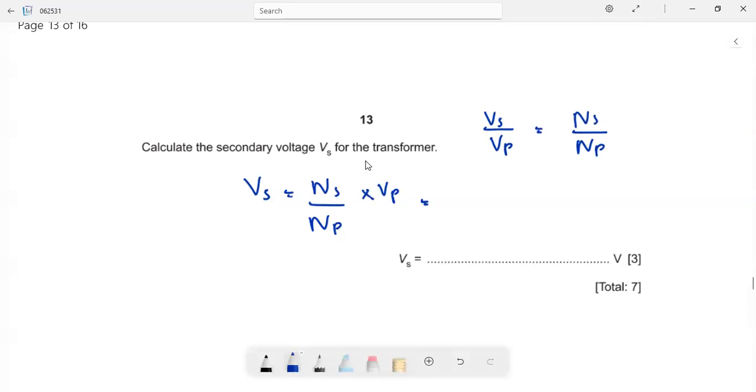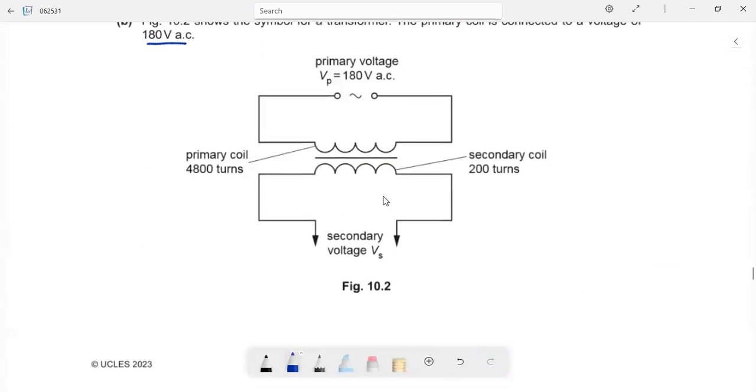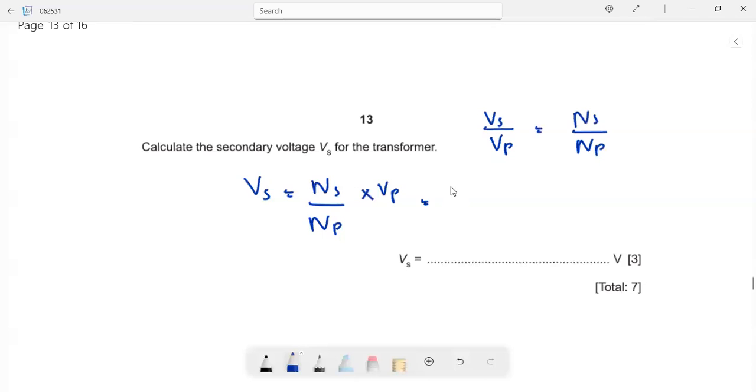So here Ns, the number of turns in the secondary, is 200, and in the primary it is 4800. So 200 divided by 4800 into 180. After calculations, you will get the answer as 7.5 volt.